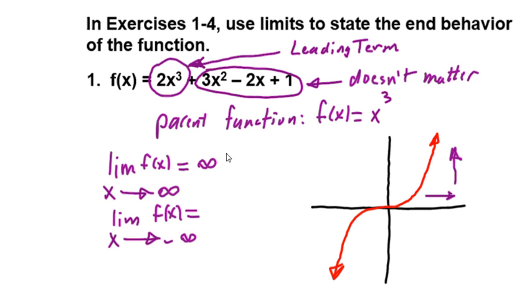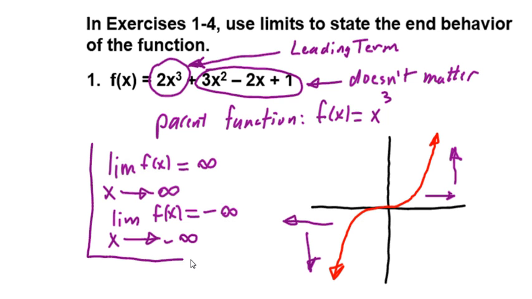As we go toward the left, toward x equals negative infinity, we're coming from the bottom, so we have negative infinity. This would be our end behavior, boxed in.